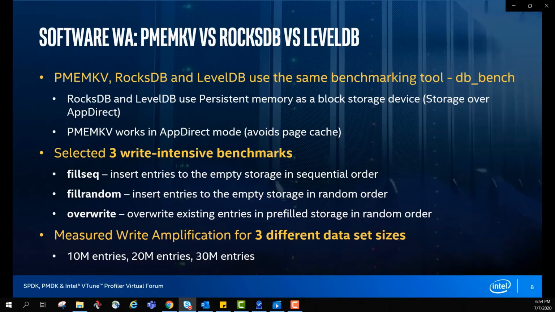So while LSM tree is optimized for writes, and actually transforms random access to key value storage into sequential writes to the storage device, it's good from a performance perspective, but from the endurance perspective, it's not very friendly. So compaction actually causes software write amplification.